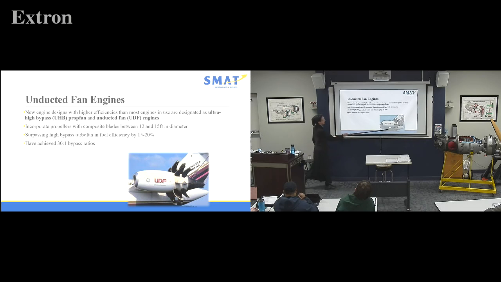So we have no duct around this, it's just out there in open air. They have propellers made from composites with blades that are 12 to 15 feet in diameter. So these things are massive. And they are surpassing high bypass turbofans in fuel efficiency by 15 to 20%. And they've achieved a 30 to 1 bypass ratio. Now they're still working out a lot of issues with these, but they got them working. Pretty cool stuff.